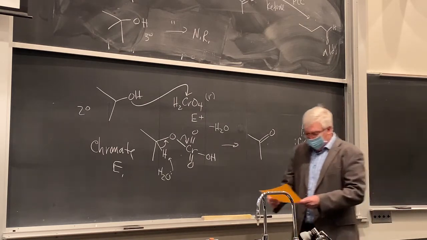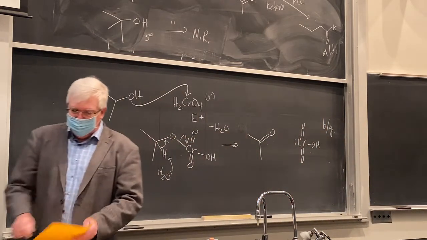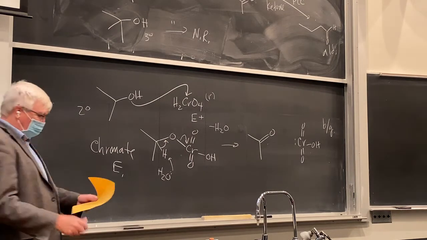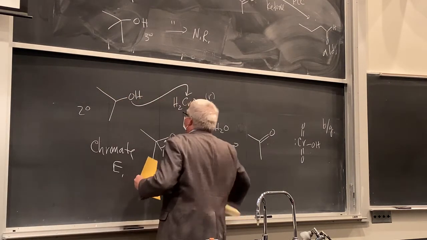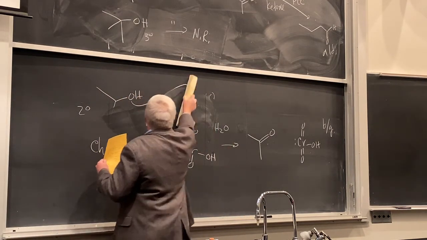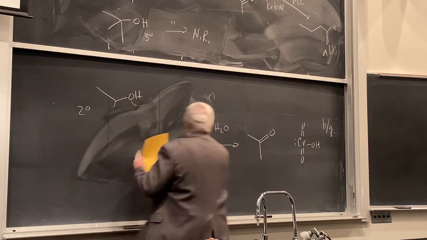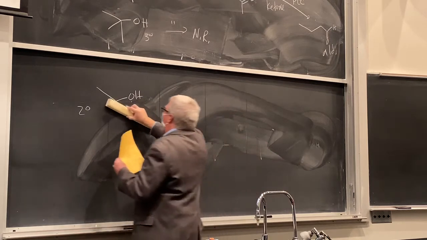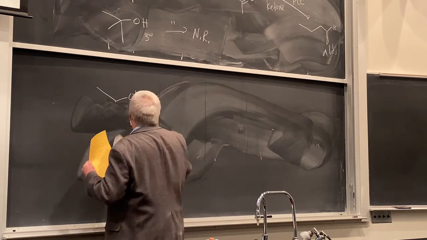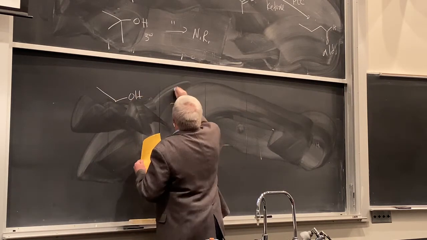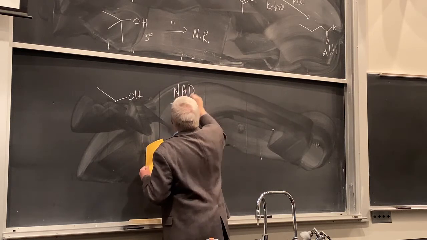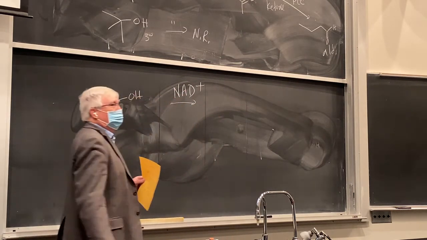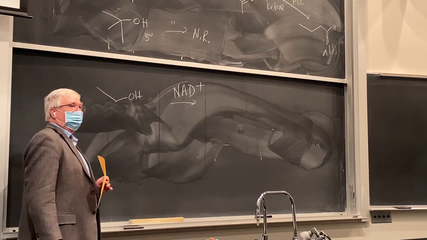And we do have a minute. Let me show you the mechanism here of NAD+. And I'm going to do NAD+ with a primary alcohol, ethanol. NAD, this is a cofactor in an enzyme reaction called a dehydrogenase.